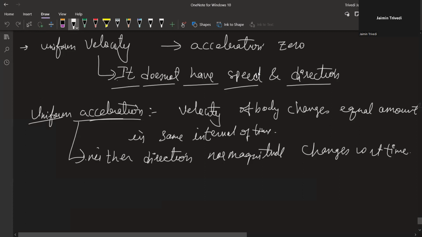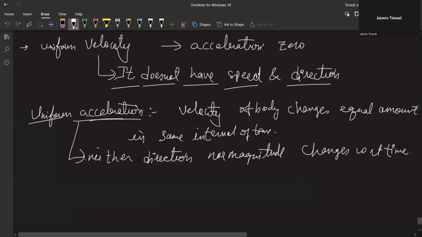Now, in uniform acceleration, it is what we said before about uniform velocity. In uniform velocity, we said changing position with the same interval. So we are just adding one more interval here.